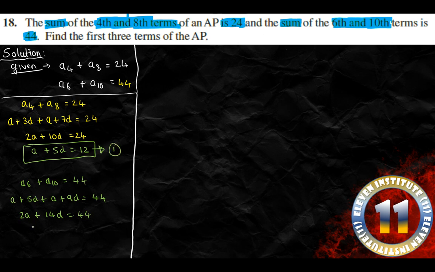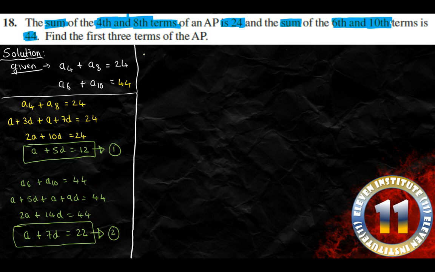Similarly over here, when I take 2 common, this 2A will become A, 14D will become 7D, and 44 will become 22, and this will become our equation number 2. Fine.